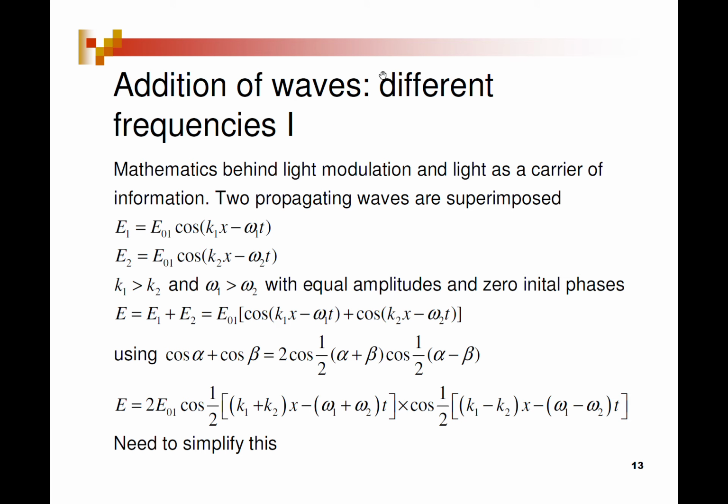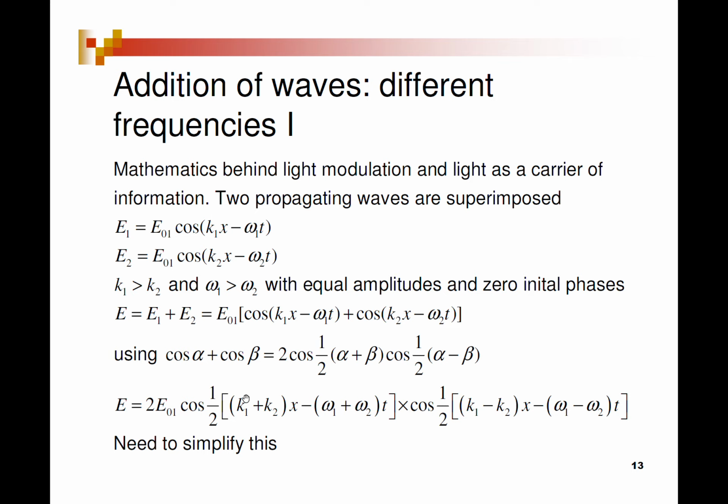And now it's time to think about different frequencies. Thus far we have considered the same frequency, but now we have omega 1 and omega 2, and the corresponding wave numbers are k1 and k2. Let's assume that k1 is larger than k2 and omega 1 is larger than omega 2. And then as a result of the two-wave interaction, we just sum over, and we get this relationship, and the result is shown here.